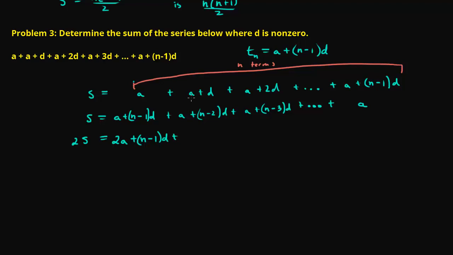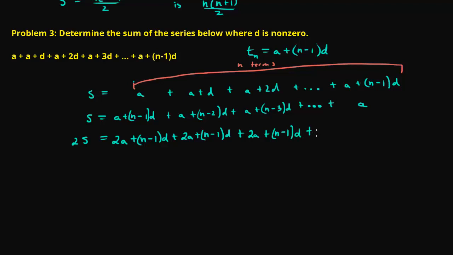The next two terms, I would have 2a plus d plus n minus 2 times d, which gives me one more d, making it n minus 1 times d, because 1 greater than n minus 2 is n minus 1. So I would have 2a plus n minus 1 times d. Then the next terms: 2a plus 2d plus n minus 3 times d, and if I added 2d to n minus 3 times d, I would just have n minus 1 times d.